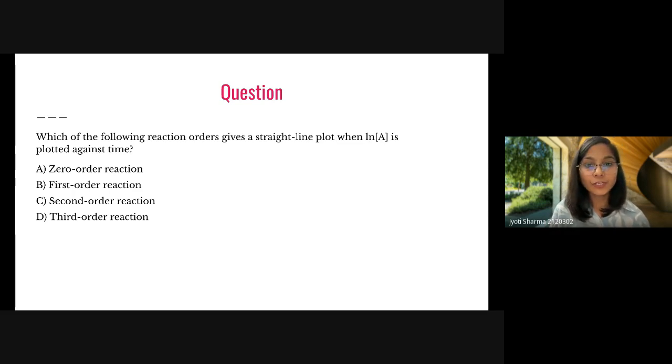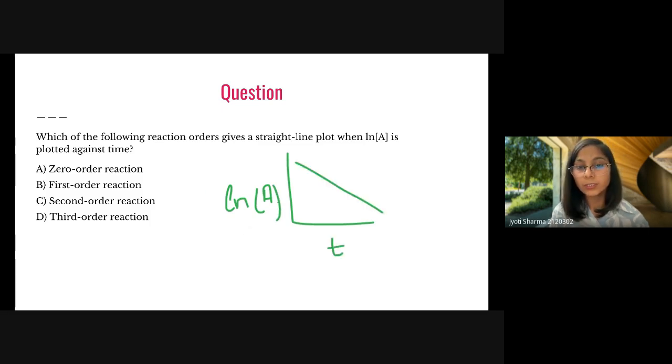Okay, the next question is, if we have the natural log of A versus time, and it gives you a straight line, what type of order reaction are we talking about? Whether it is zero order, first order, second order, or third order reaction.